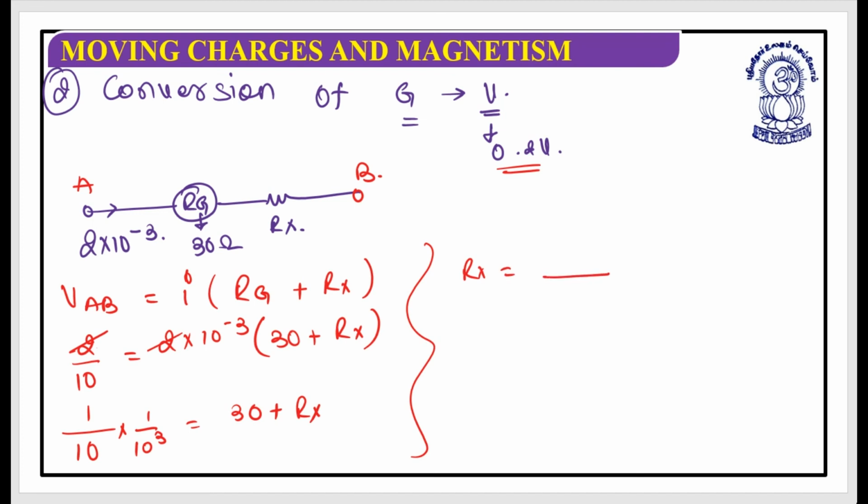Is there any confusion over this? No? Great. So this many ohms are required to convert this galvanometer into a voltmeter. Is it clear?